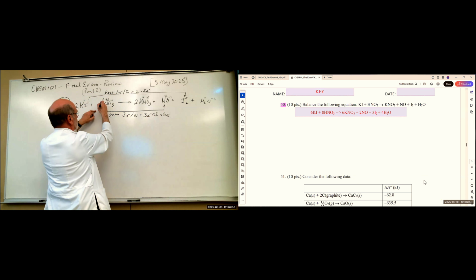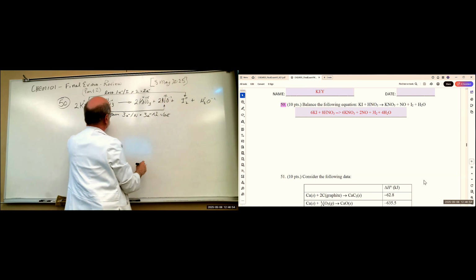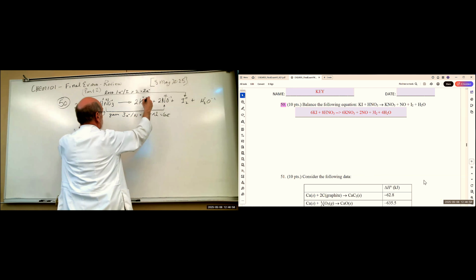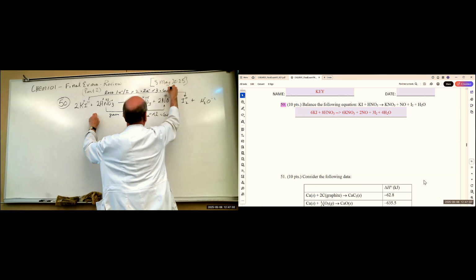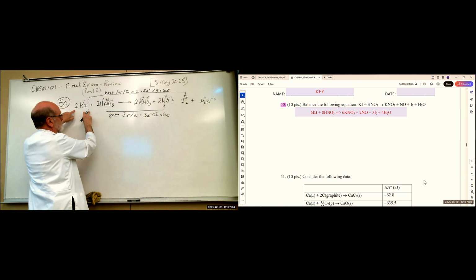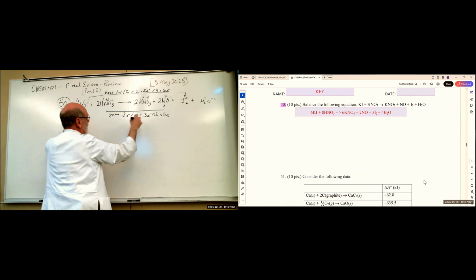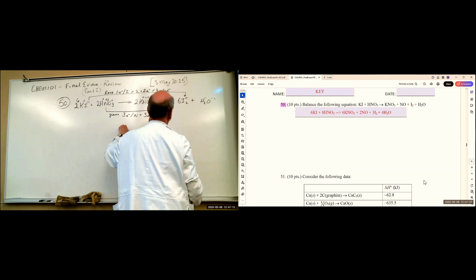So we need 2 here and 2 here, right? And we need times 3 for this one, 6 electrons, times 3 for this one. So 3 times this one is going to be 6 and 6.